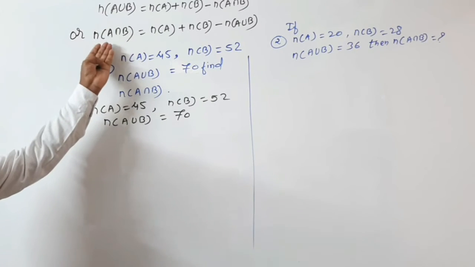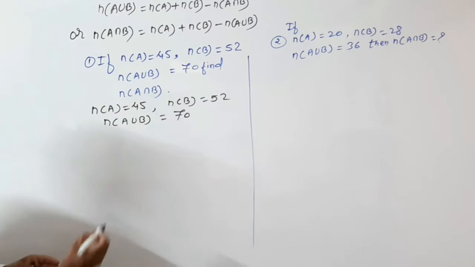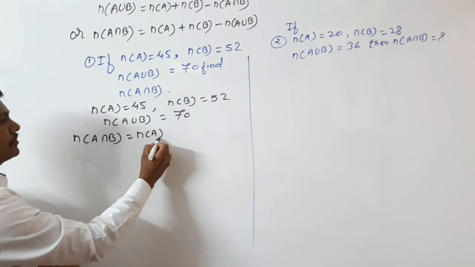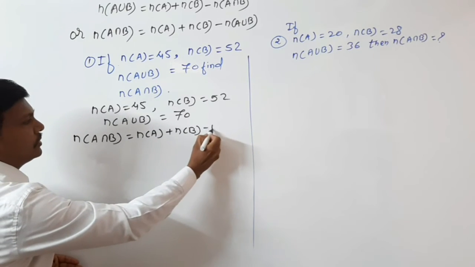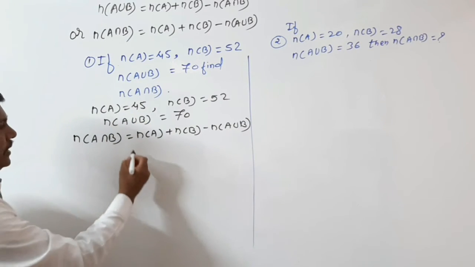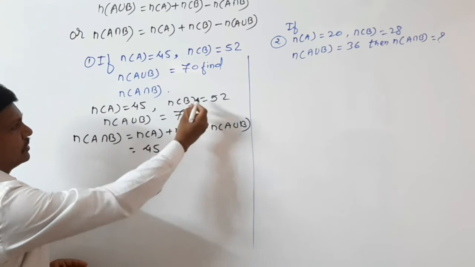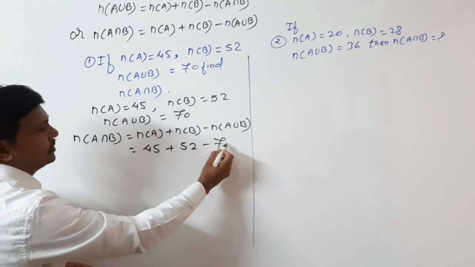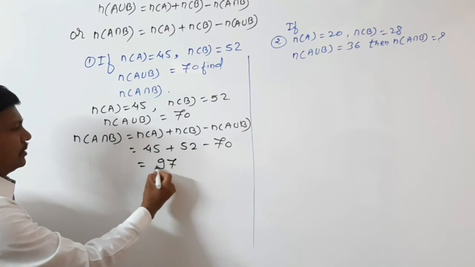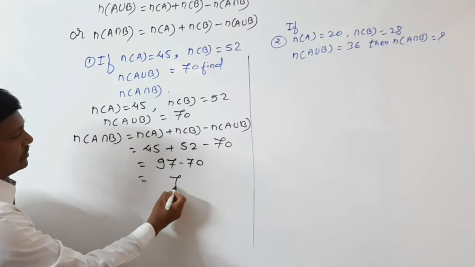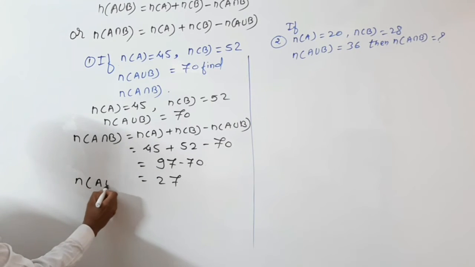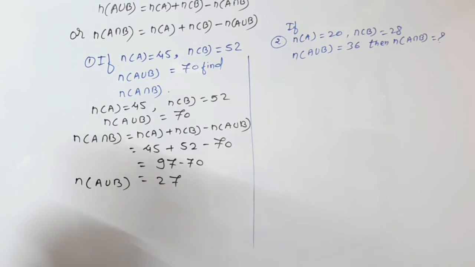So write the formula for number of elements in A intersection B. n(A intersection B) is n(A) plus n(B) minus n(A union B). So n(A) is 45, so 45 plus this 52 minus 70. Then add these two: 7 and 9, 97 minus 70. So answer is 27. Means number of elements in A intersection B is 27.